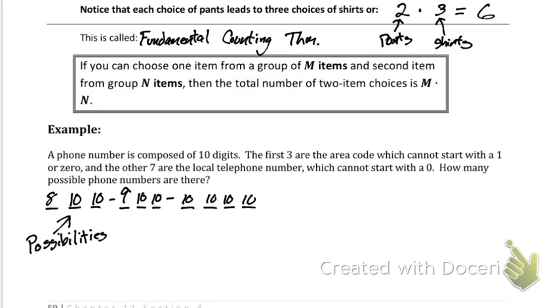So we're just going to use our fundamental counting theorem to say, well, possibilities are just going to be 8 times 10 times 10 times 9 times 10 times 10 times 10 times 10 times 10 times 10. Whew.